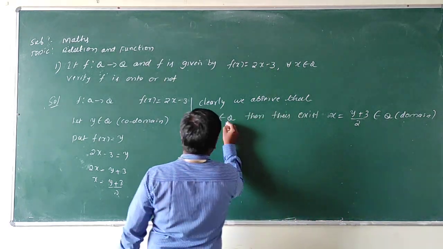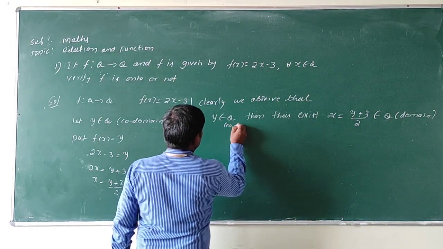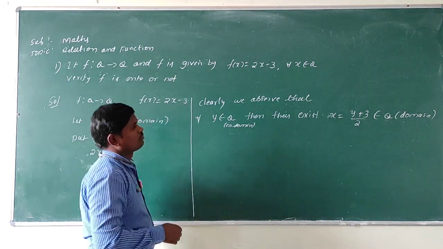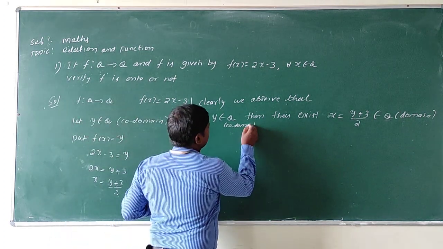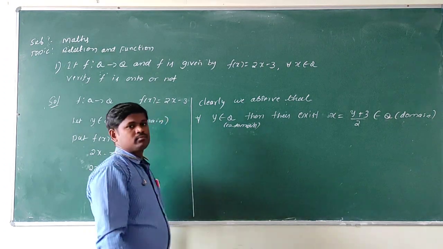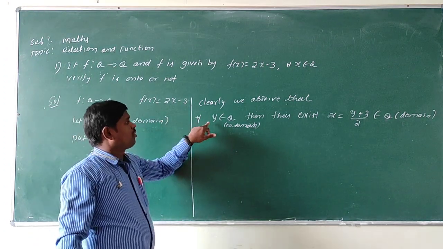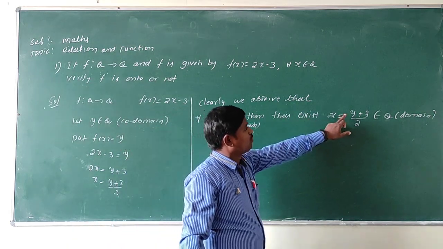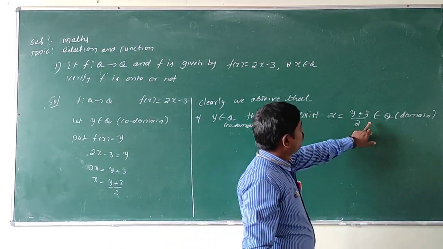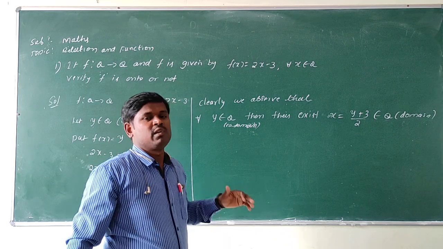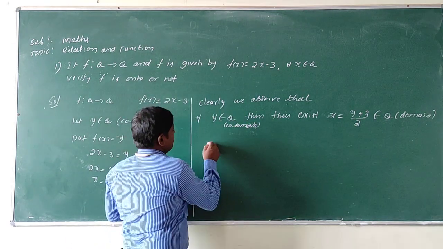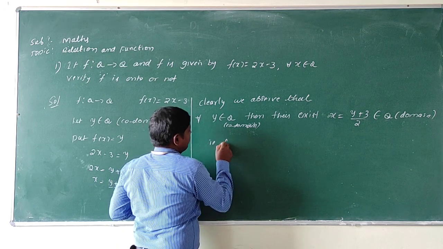This Q is the codomain. So clearly, for all y belongs to Q codomain, there exists x is equal to y plus 3 divided by 2 belongs to Q, that is, belongs to the domain.